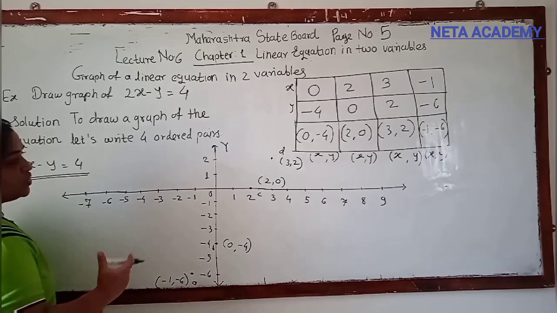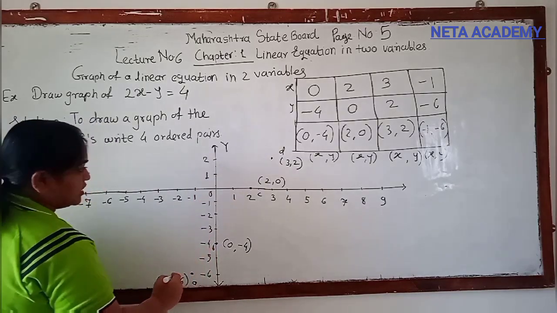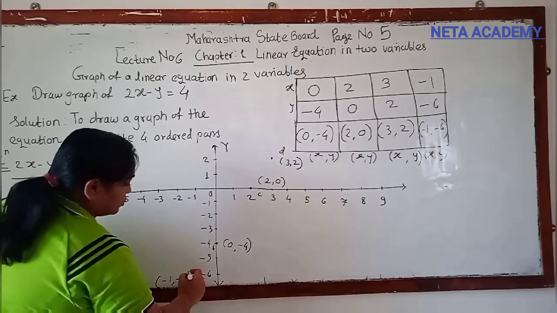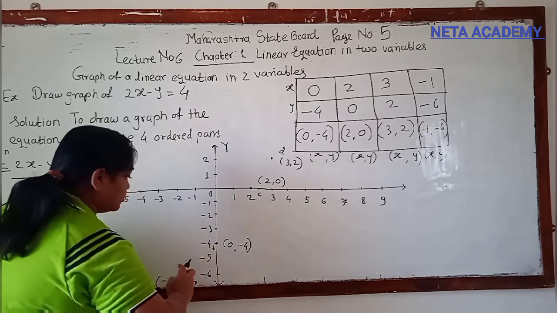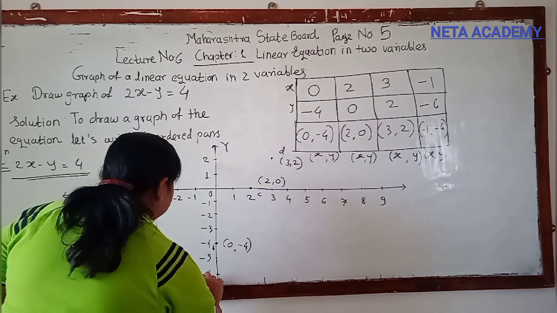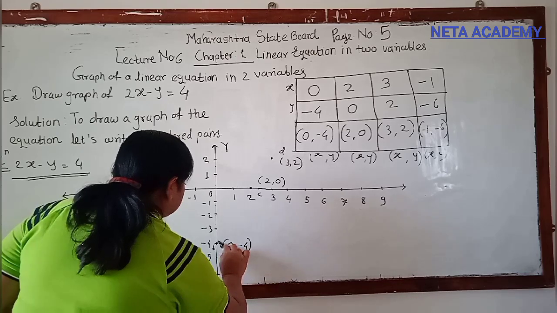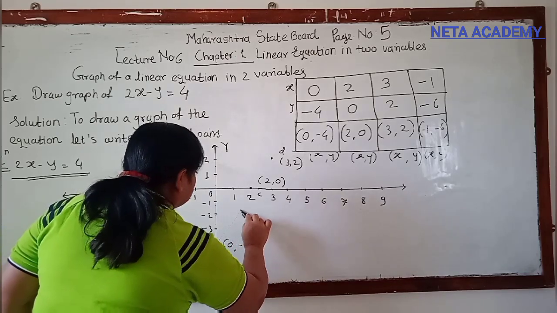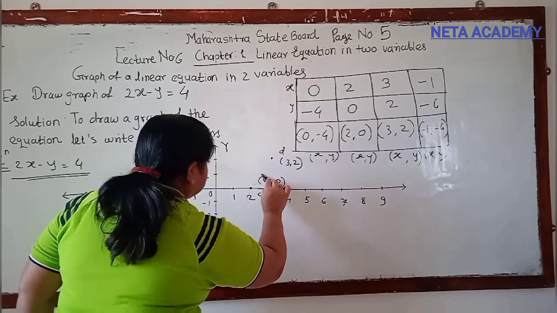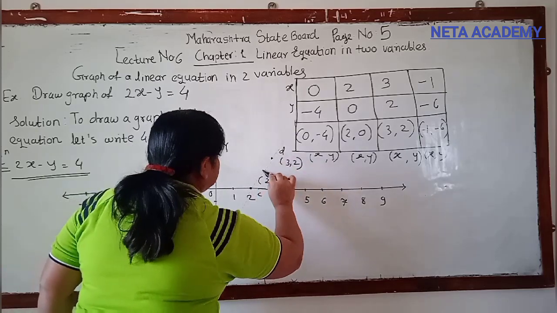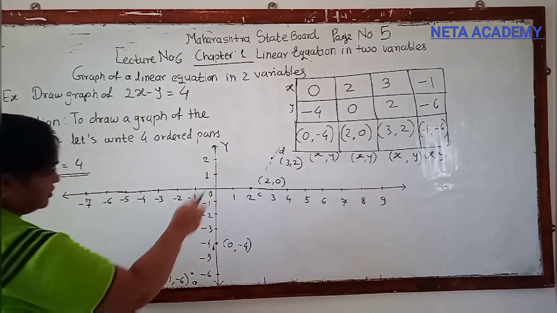Now we'll join all these points. They are linear, so the line is straight here. Are you getting it?